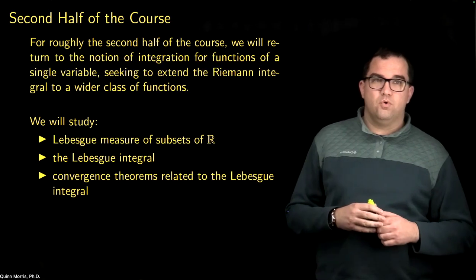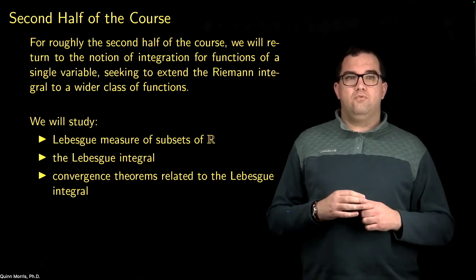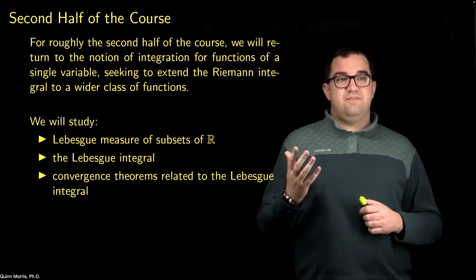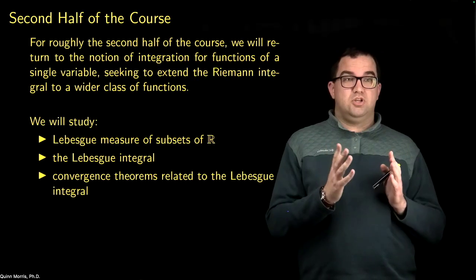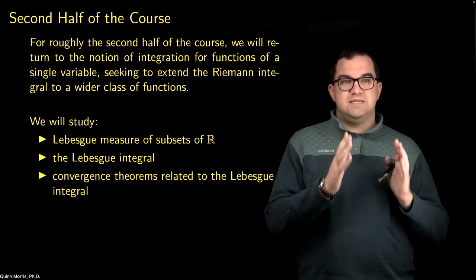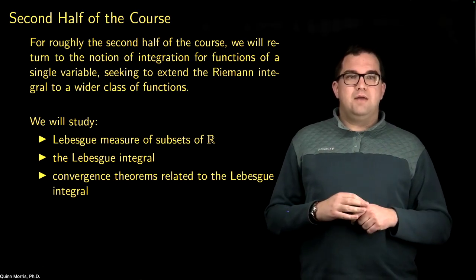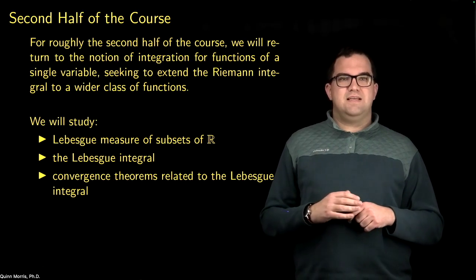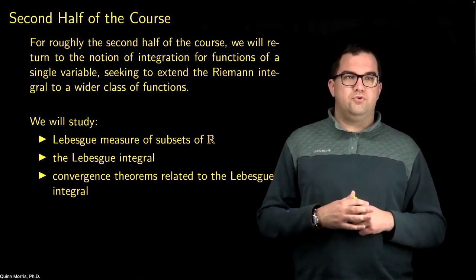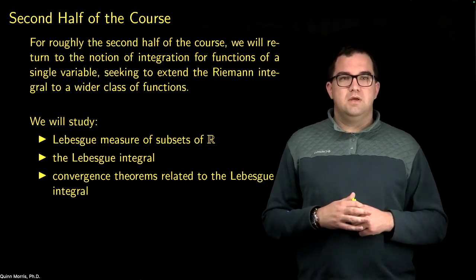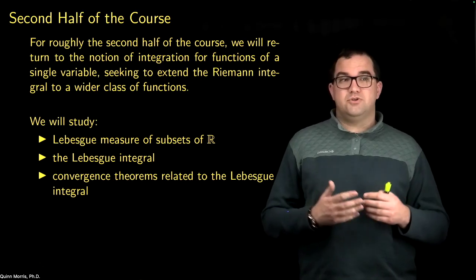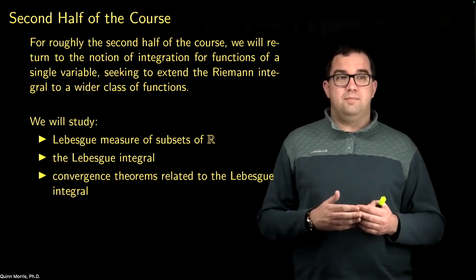In the second half of the course, we will return to this idea of integration. We'll go back to looking at mostly single variable functions, so functions from R to R. And we'll try to think about how we might extend the notion of the Riemann integral to a wider class of functions. This will actually require us to develop a new kind of integral called the Lebesgue integral.